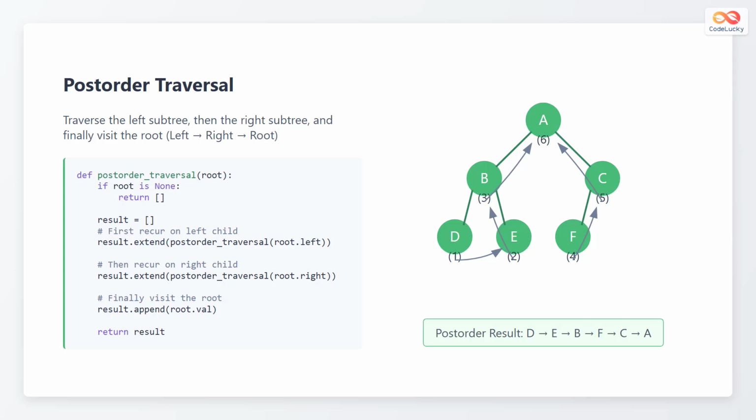Then we recursively traverse the left subtree and extend the result. Next, we recursively traverse the right subtree and extend the result again. Finally, we visit the root by appending its value to the result. The visualization demonstrates the order in which the nodes are visited during a postorder traversal, resulting in the sequence D, B, F, C.